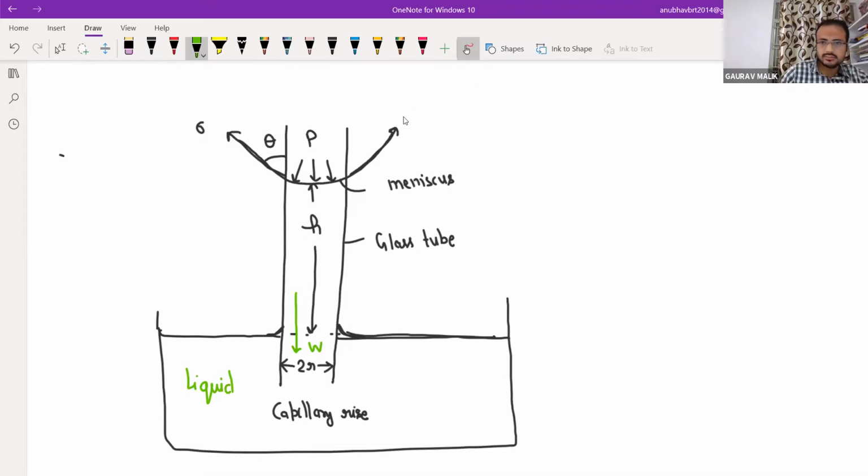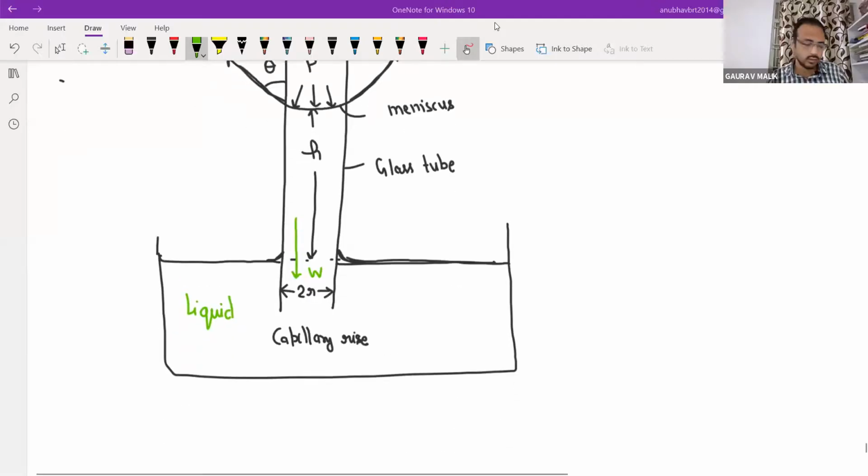And this force is 2 pi r into sigma s. Draw this diagram first. Very nice, very nice. Draw this diagram.